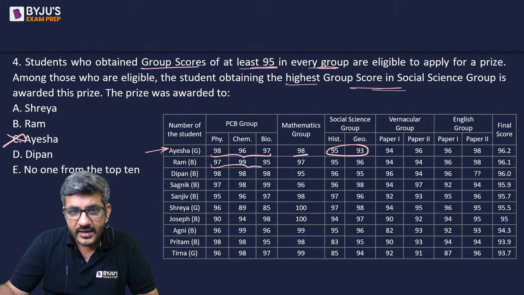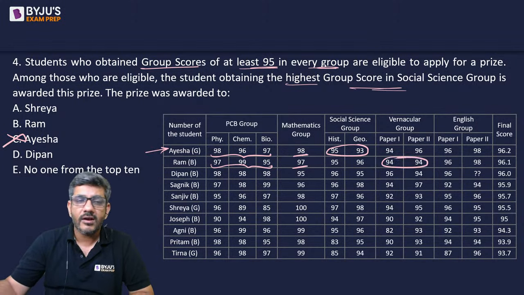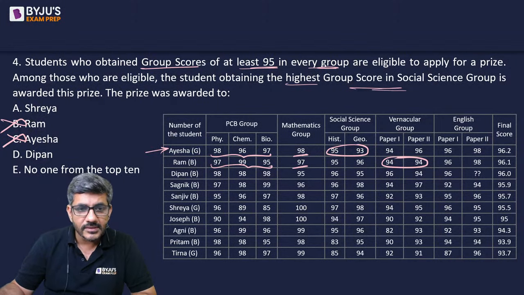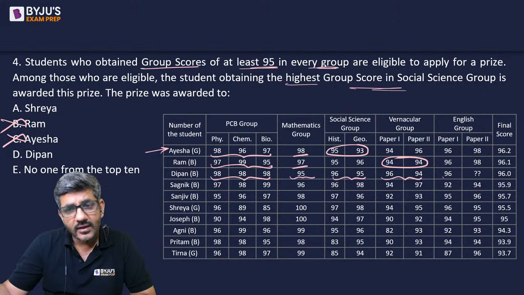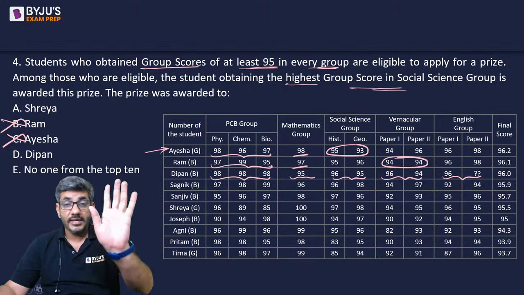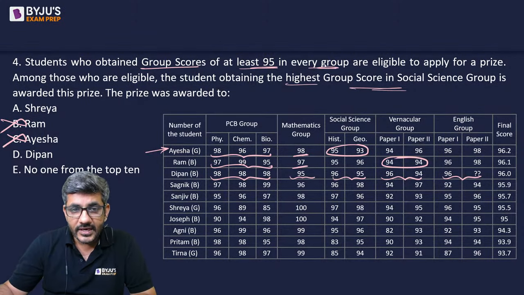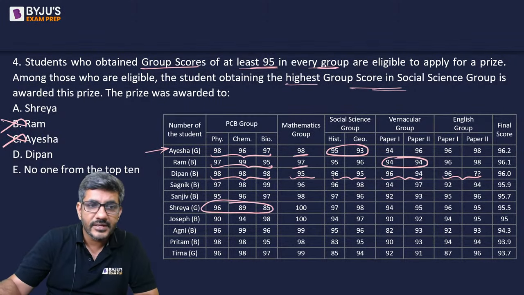Ram's group score here is at least 95. Yes, here it is at least 95. Yes, but his group score is not at least 95 in vernacular group. So Ram is gone. Deepan has at least 95 here, at least 95 here, at least 95 here, at least 95 here, at least 95 here as well. He is a possibility. Let's talk about Shreya. Oh, Shreya does not have at least 95 here as well. So Shreya is also gone.